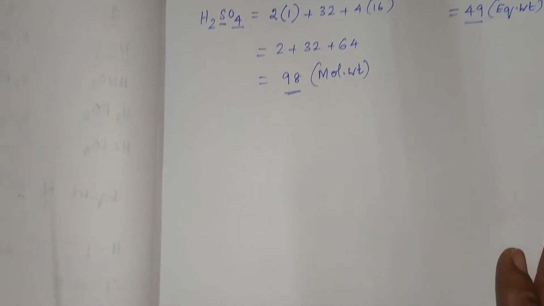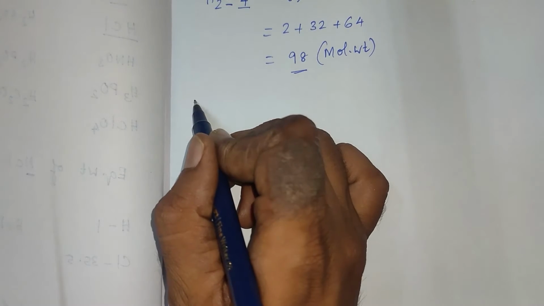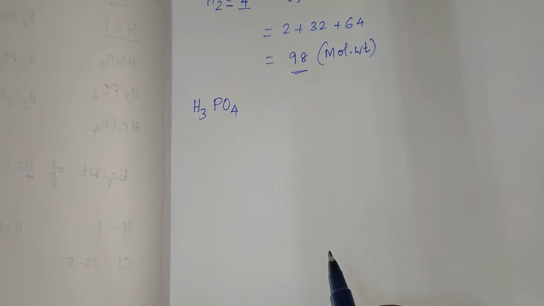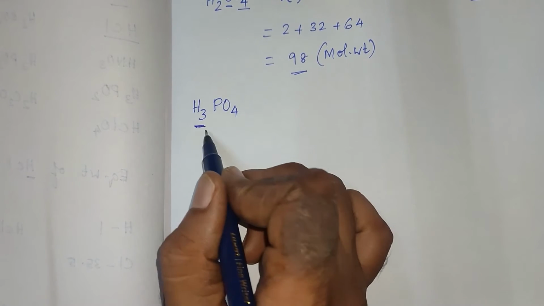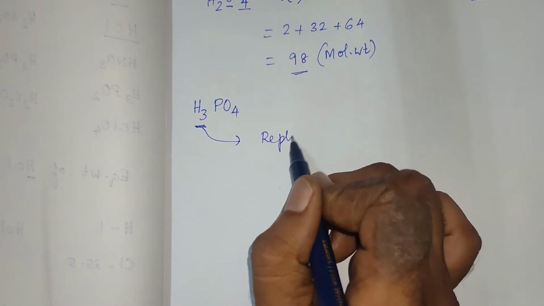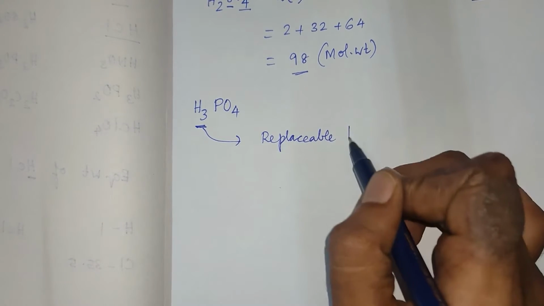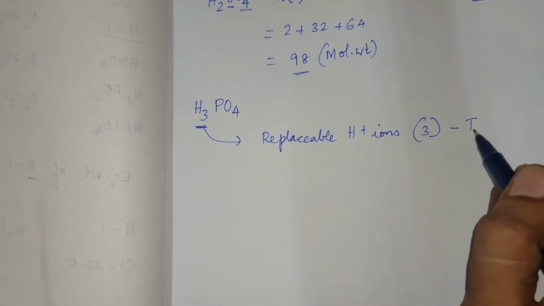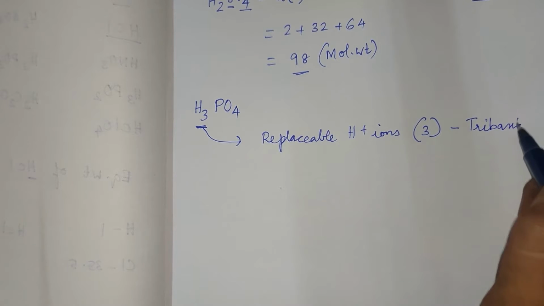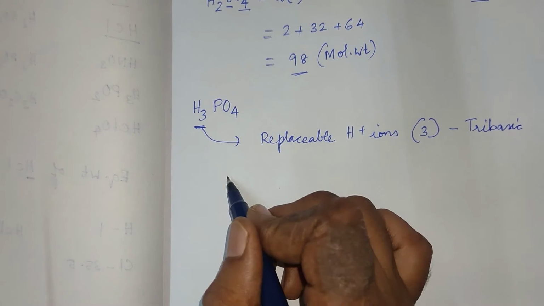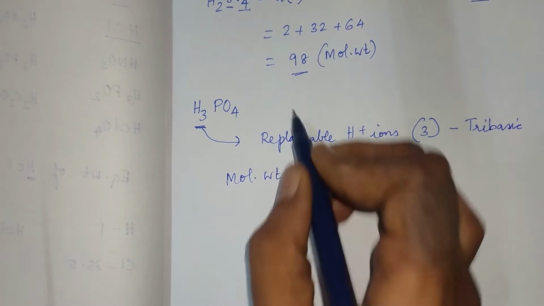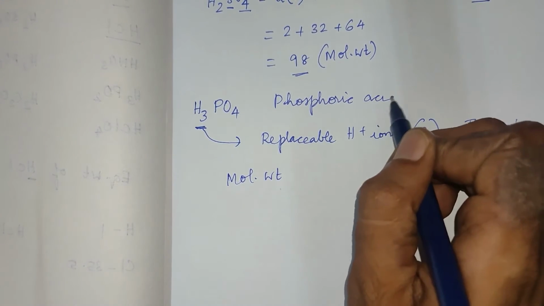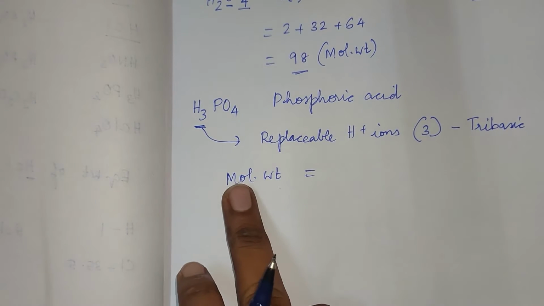I am going to give you one more example. I am going to take phosphoric acid, H3PO4. Now here also the number of hydrogen and the number of replaceable H plus ions is going to be the same. It is going to be 3. So it is a tribasic acid, which means its basicity is 3. Now the molecular weight of phosphoric acid, or it is also called orthophosphoric acid. We are going to calculate the molecular weight of phosphoric acid.